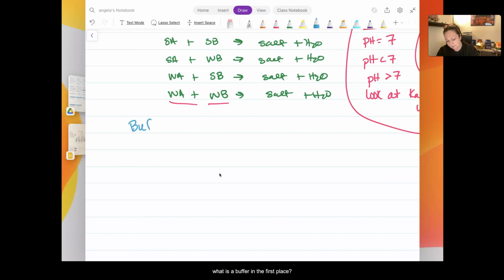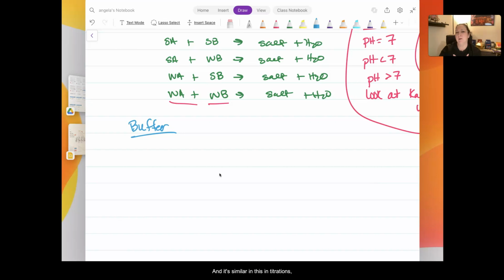Okay, well, what is a buffer in the first place? Well, a buffer sort of is something that slows something down. It calms something down. So sometimes if you have to go talk to your parents about something you don't want to talk to them about, maybe you take somebody with you, or you have some type of support system set up so you can calm things down and maybe not have such a dramatic response.